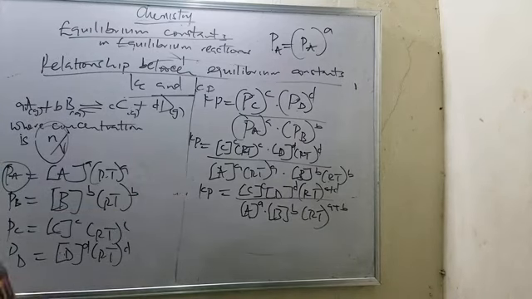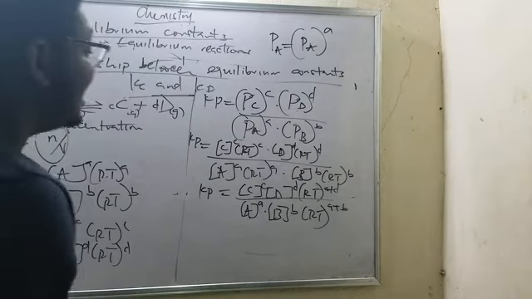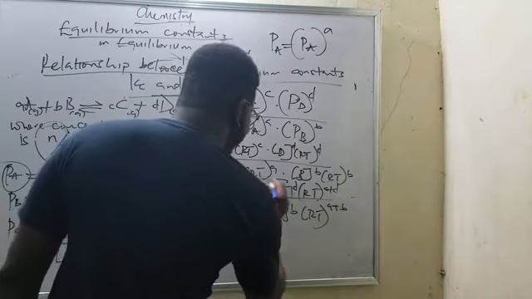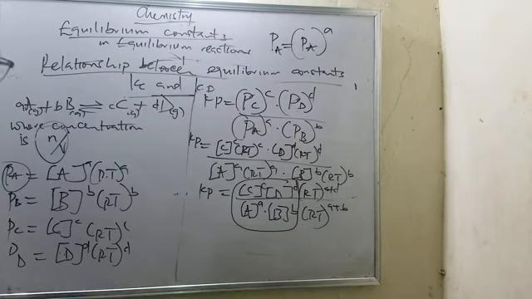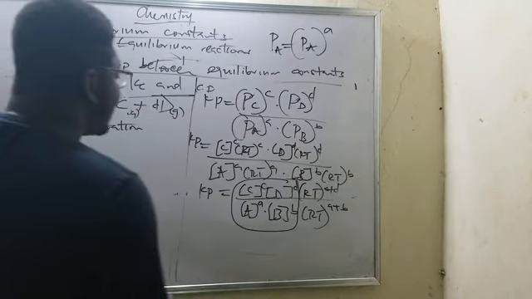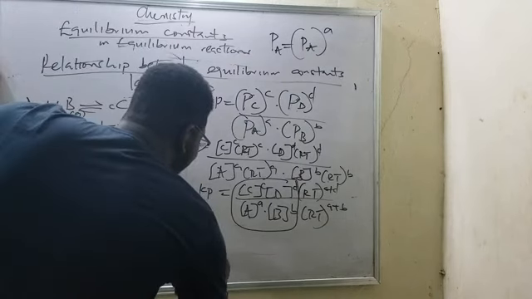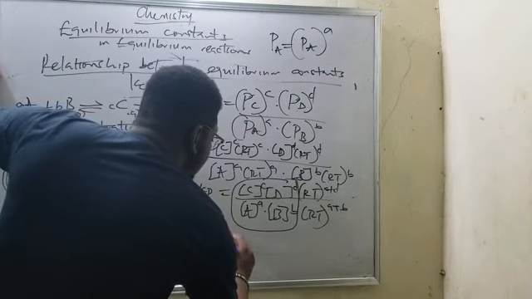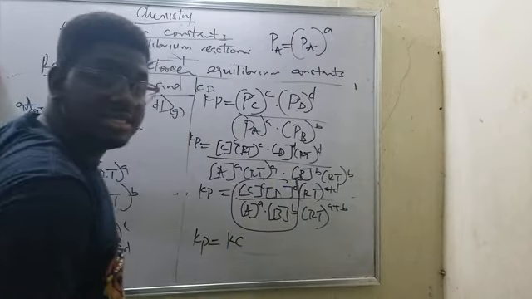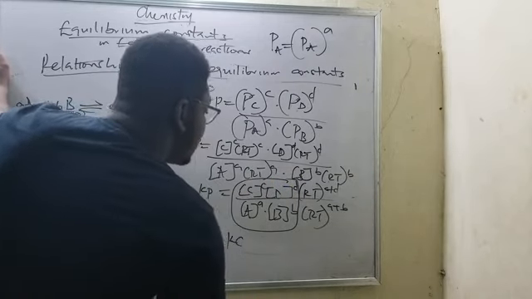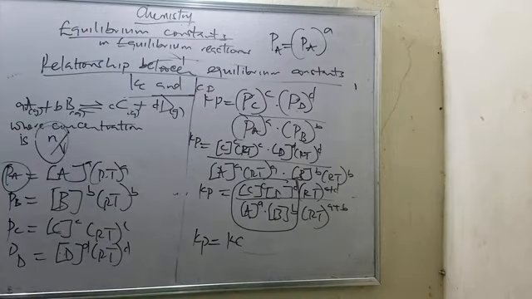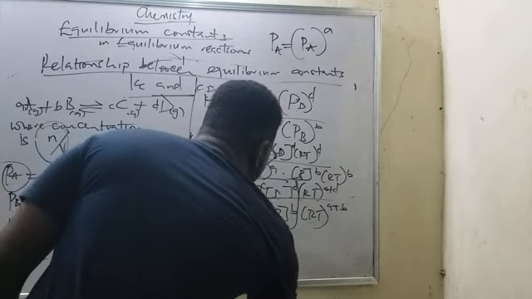So there is still something that can be done here. If you would agree with me, you realize that all of this entity is our Kc. So what we are saying is Kp becomes equals to Kc, because all of this represents Kc. So Kc, hold on, Kc, then we have RT.